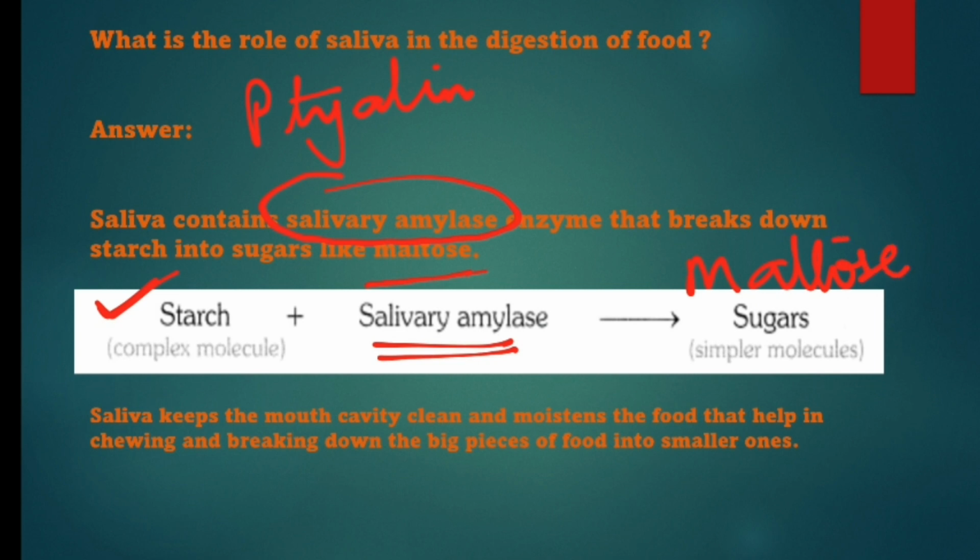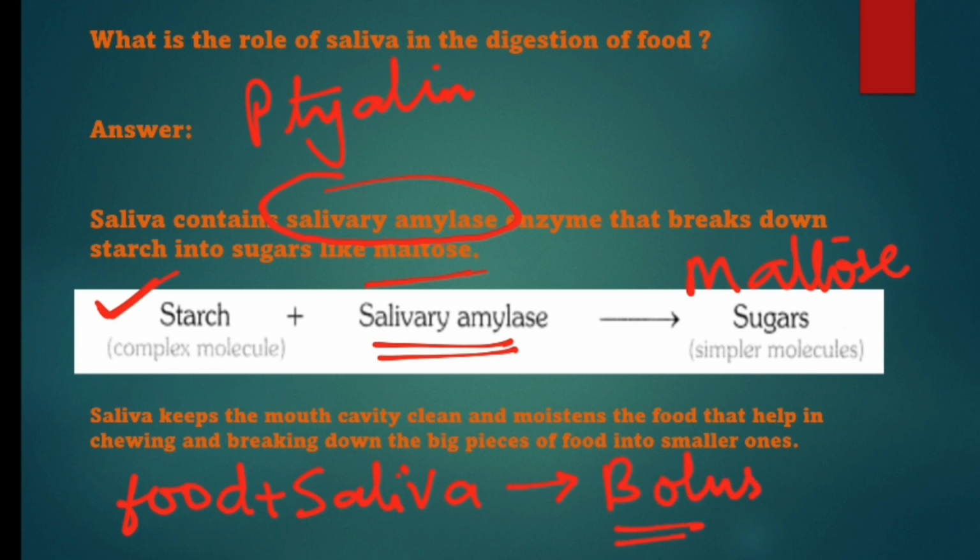Saliva also has one more function: it helps in cleaning the mouth cavity and moistens the food, which helps in chewing and breaking down big pieces of food into smaller ones. When the food mixes with saliva and softens, it becomes bolus.